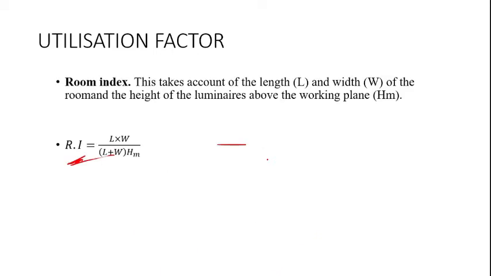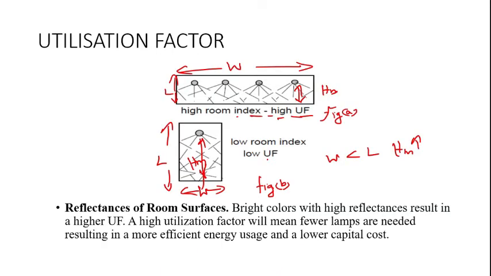So that is the room index, the second factor that affects the utilization factor. Then the third factor, which directly affects the utilization factor, or the loss of lumen from the luminaire, is the reflectances of room surfaces. The room surfaces may be painted in different colors, high contrasting colors or low contrasting colors.